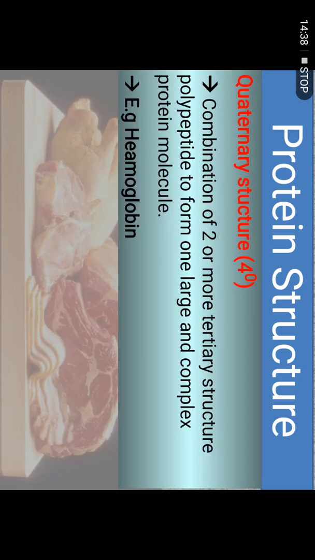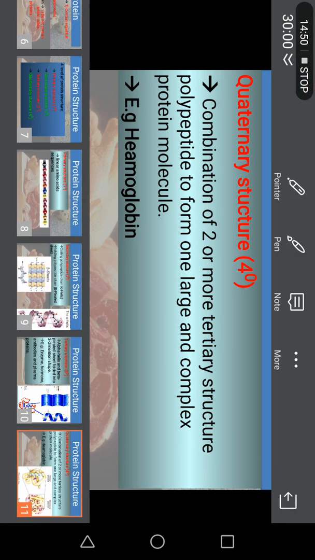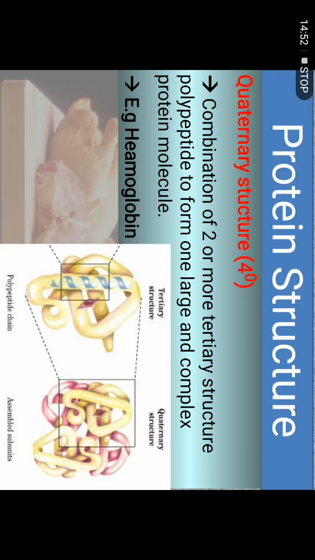Now quaternary, from the tertiary. If I have two or more tertiary structures combined, they will form a large complex one. You see here, what is the picture? So here, this is one hemoglobin.